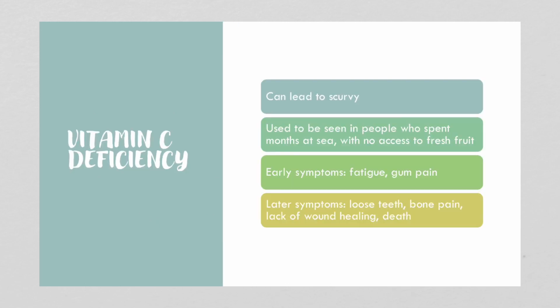A deficiency in vitamin C can lead to a condition called scurvy, and we used to see it in people that spent months at sea because they were away from land and weren't able to access fresh fruit. Some early symptoms would be fatigue and gum pain, but then they can lead to your teeth loosening and falling out, bone pain, an inability to heal your wounds, so you have open wounds that aren't healing, and then eventually even death.